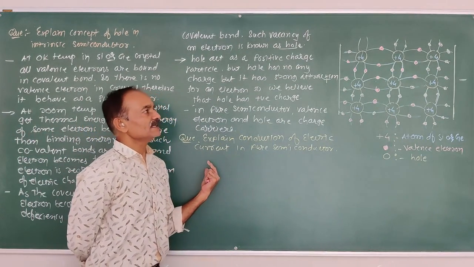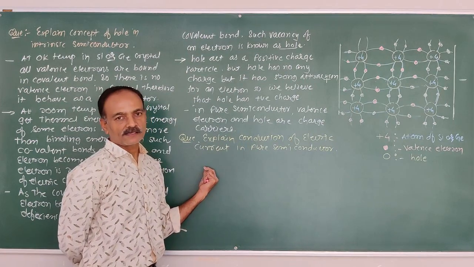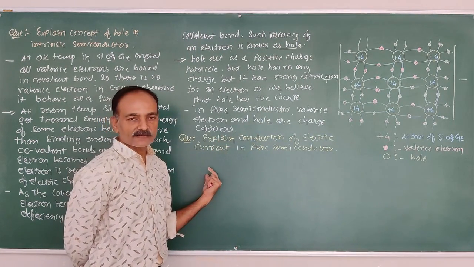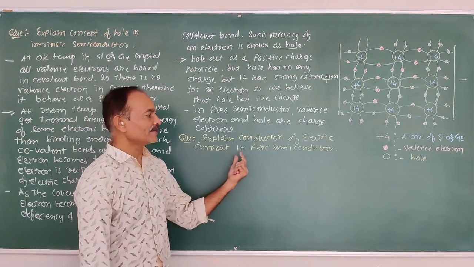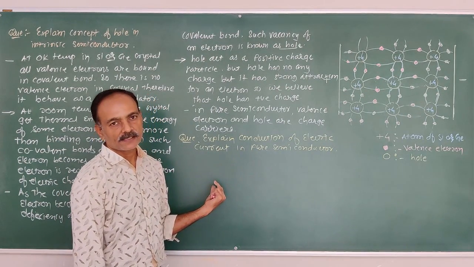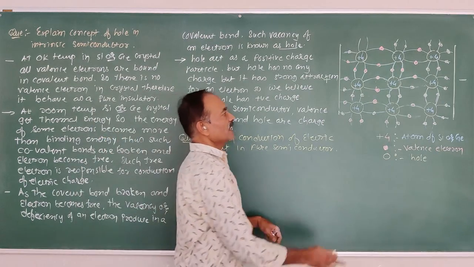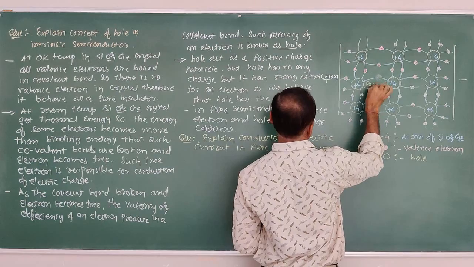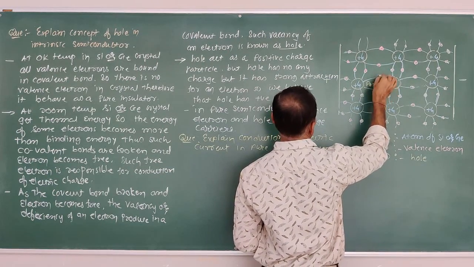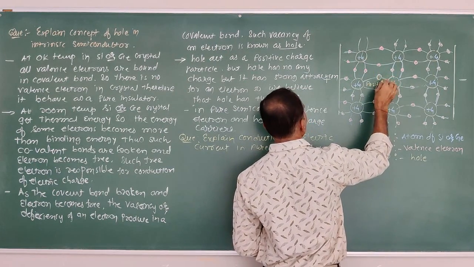At room temperature, some covalent bonds are broken. Therefore, the electron becomes free and holes are also formed. That means a free electron and a hole are formed. Right? So as shown in the figure at position 1, this covalent bond is broken and a hole is formed.